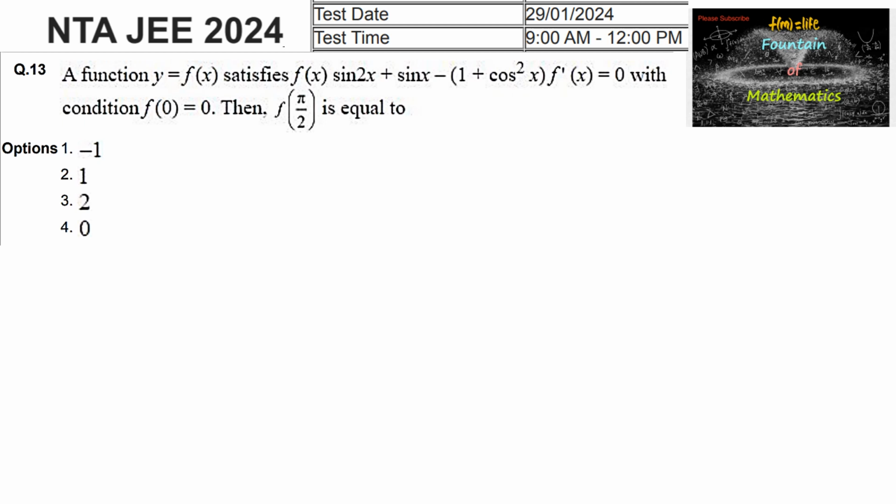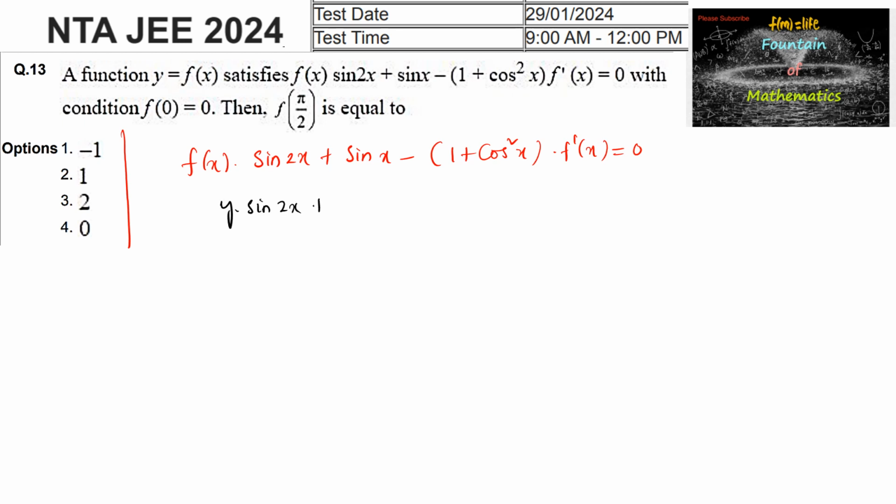A function y is equal to f of x satisfies f of x into sin 2x plus sin x minus (1 plus cos square x) into f dash of x is equal to 0. So we can also rewrite this as y into sin 2x plus sin x is equal to (1 plus cos square x) into f dash of x, we can write dy by dx.